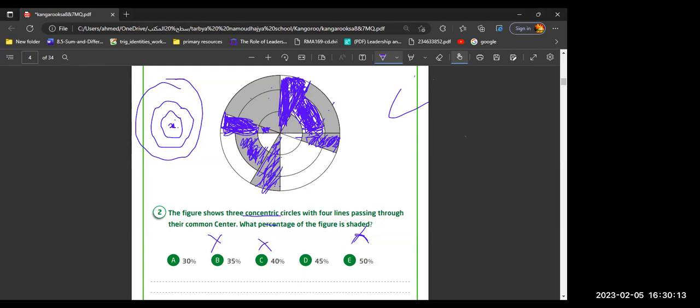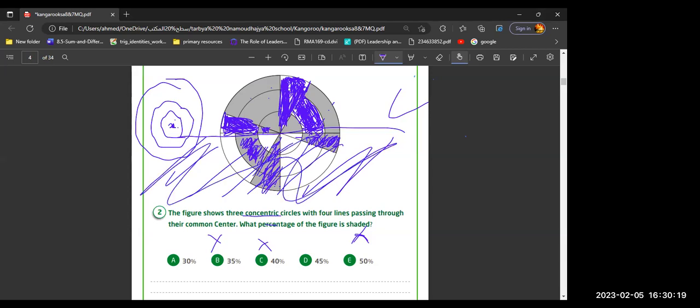And there is no gray here. So this half doesn't exist anymore. So we have 50%. Yes, correct. Okay, it's 50%, because we moved all the slices from here and we put them in their places.